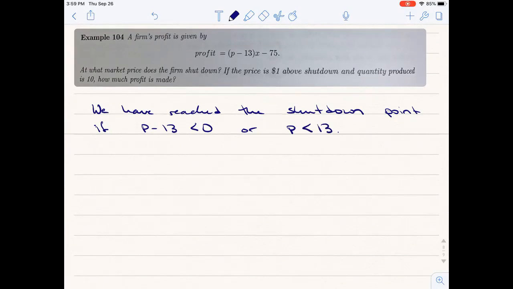That's the answer, right? So that's it, you're done. Not a lot of work, right? Because you just need to look at that and say, okay, well, I know if the profit function is set up like this, then I have P minus C. As long as that's positive, then everything's good. As soon as it's less than 0, we stop producing, right? Which makes sense. If the cost to produce each thing is $13, then as soon as the price that we're able to sell it at is less than $13, you don't do it anymore, right?